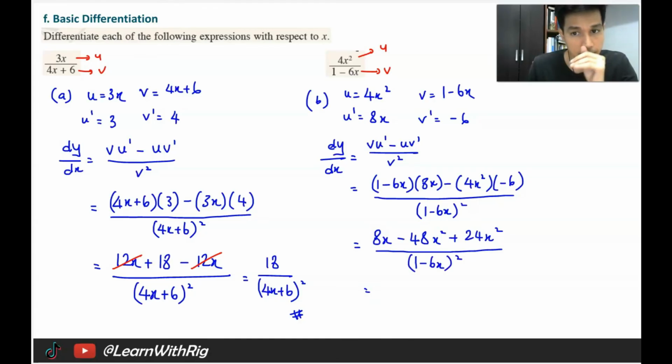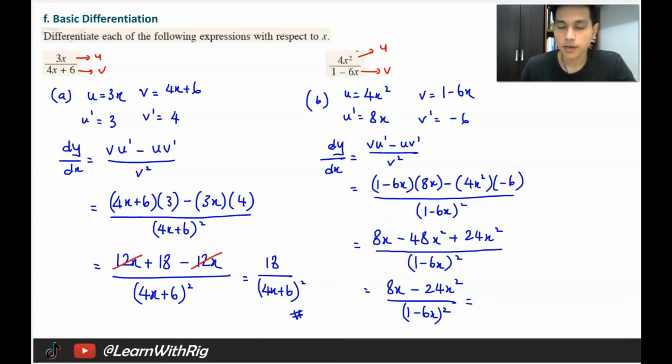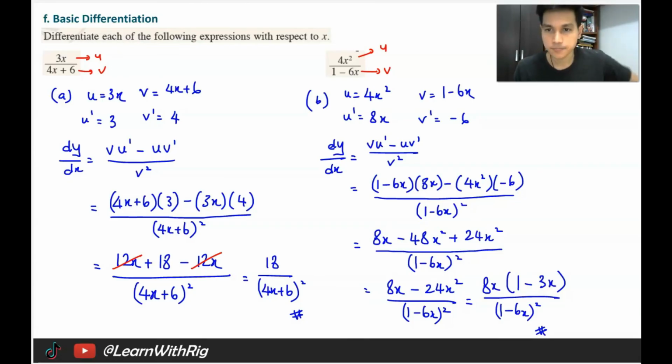So you can simplify this, you should get 8x minus 24x squared over (1 minus 6x) squared. Here you can actually continue to simplify. You can factorize 8x. So what you have here is 8x(1 minus 3x) over (1 minus 6x) squared. So this is your answer.